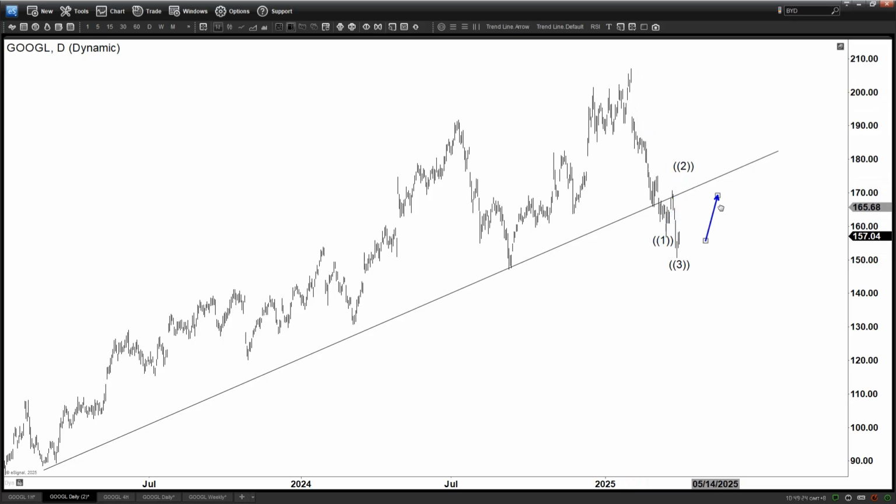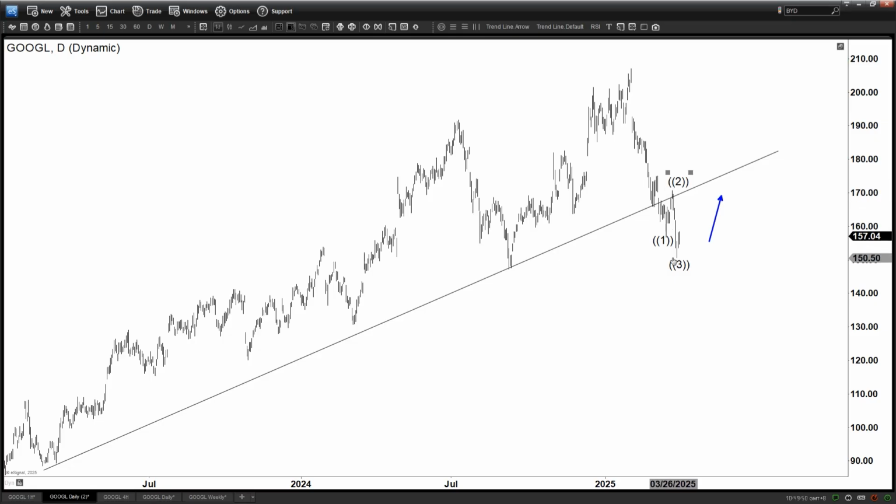And also, if you want to play with the channel, again, it breaks the channel. So that means this is actually another cycle. This is not the same cycle coming down from the peak. And you can label this either as a 1-2 or as an AB. That's basically the option you've got.